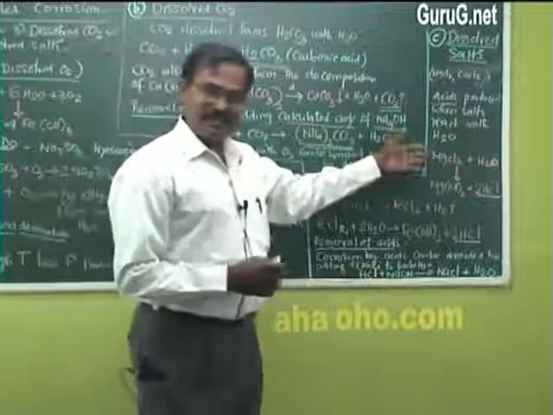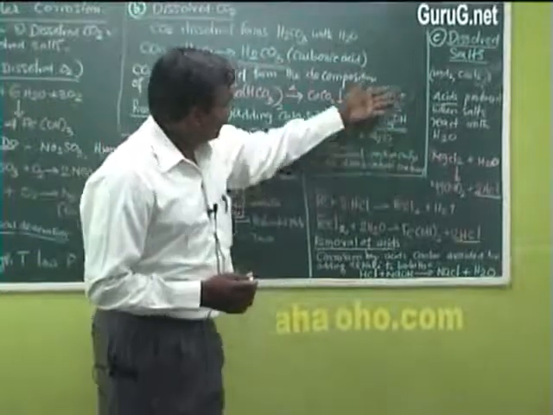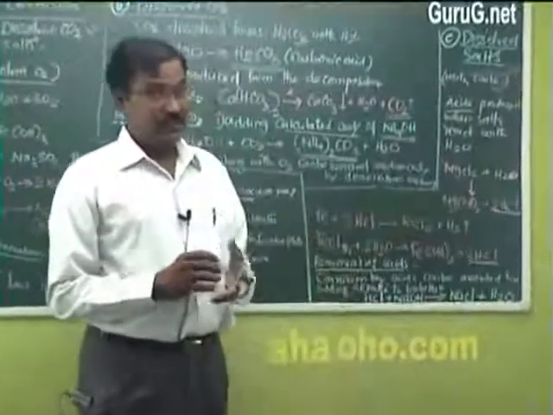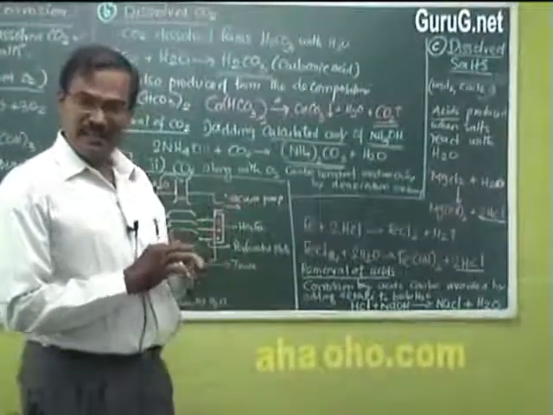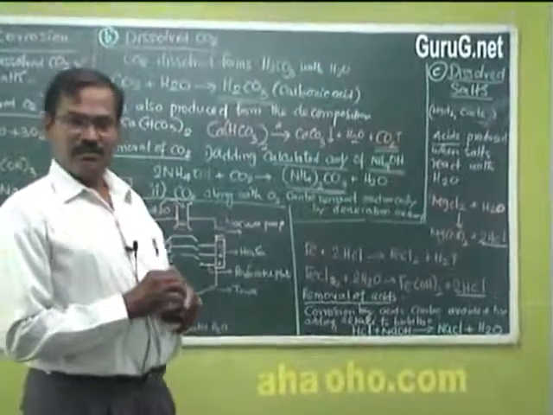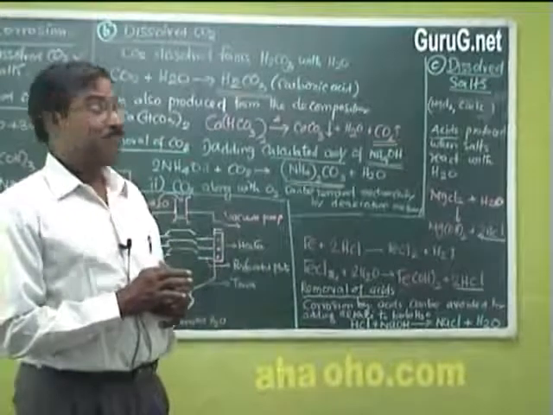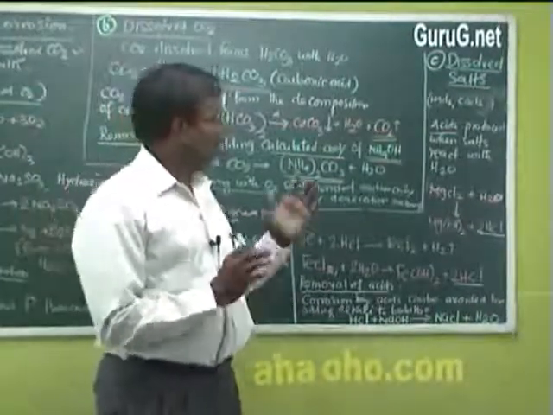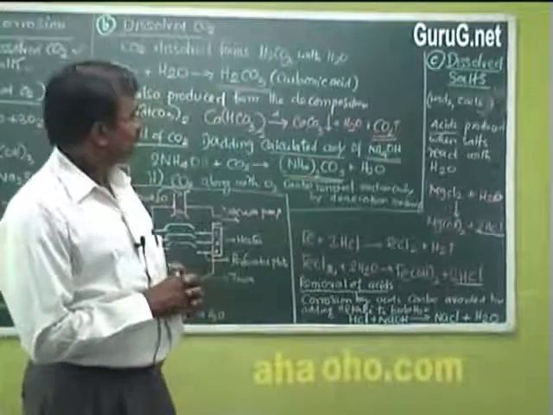So when salt undergoes hydrolysis, it gives back an acid and base. As we know, whenever some acid is present in water, when it contacts the boiler metal, it leads to corrosion. So the acid formation has to be prevented, or the acid formed has to be removed. Then only the corrosion can be avoided.